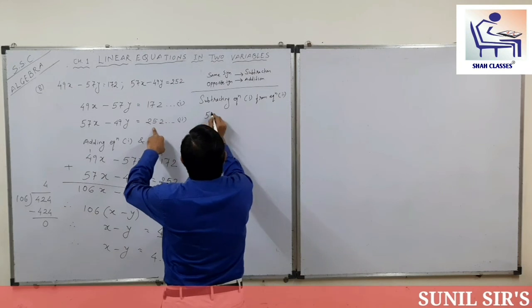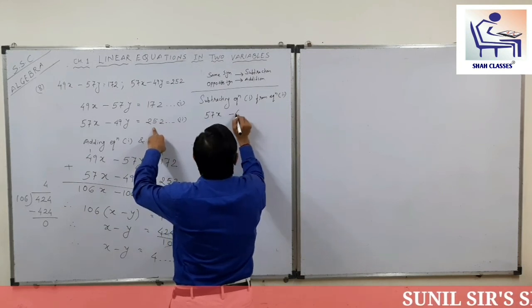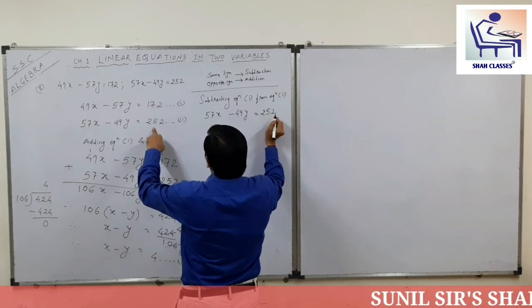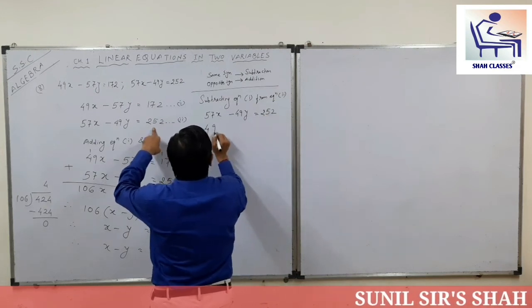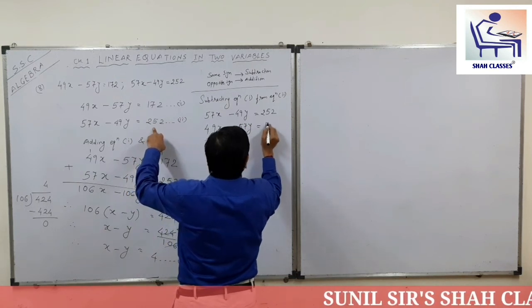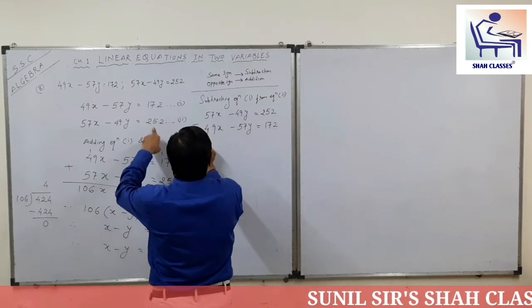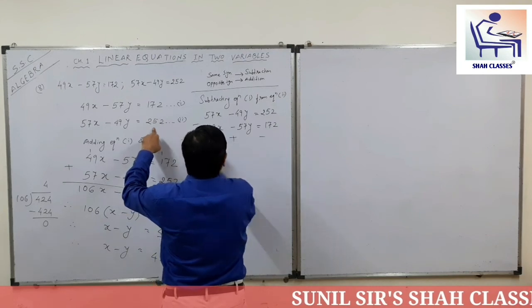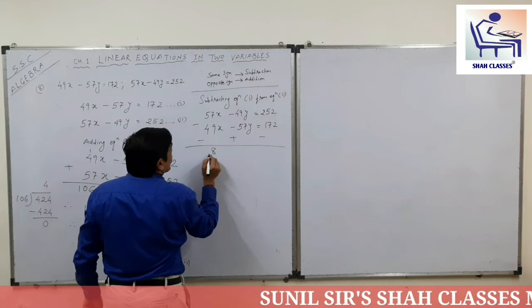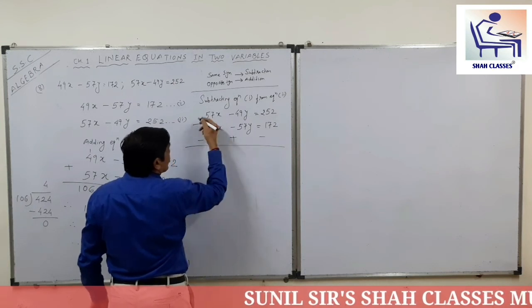So 57x minus 49y is equal to 252, and 49x minus 57y is equal to 172. So 17 minus 9, you can see here 8x we are getting, and this gets cancelled.